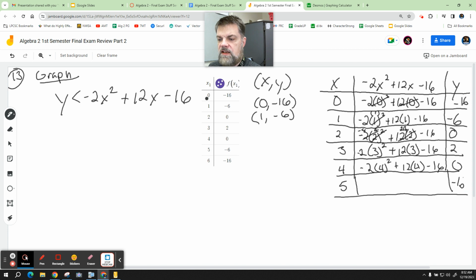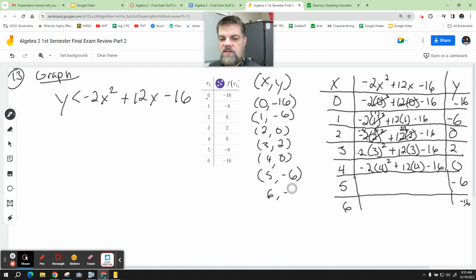And lastly, if I plug in 6, I'll get negative 16. So the points (2, 0) are on the curve, I should say. (3, 2), (4, 0), (5, -6), and then (6, -16).